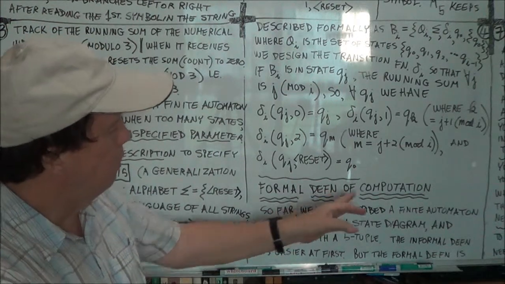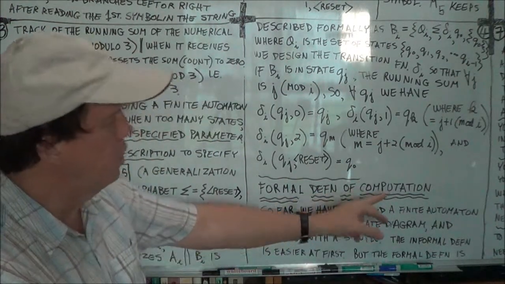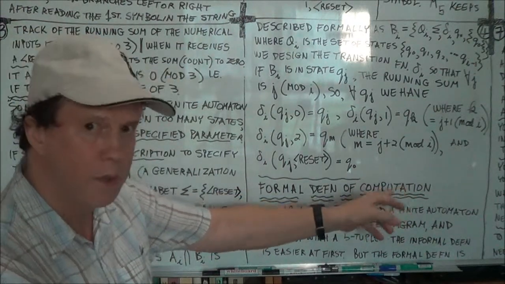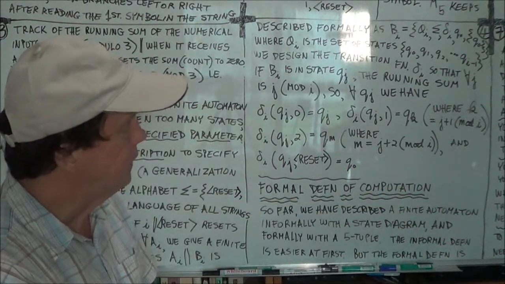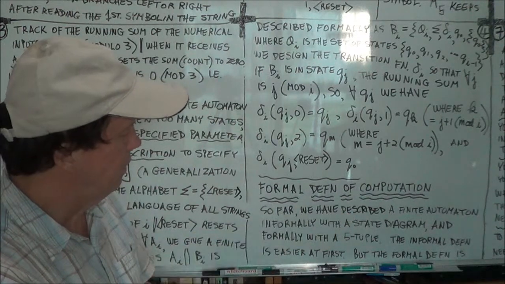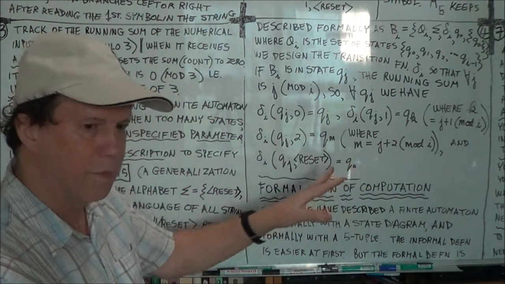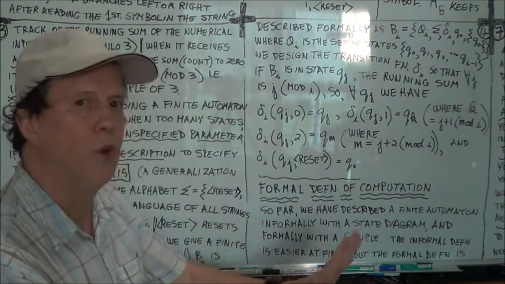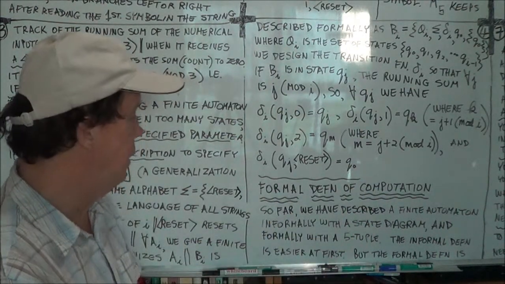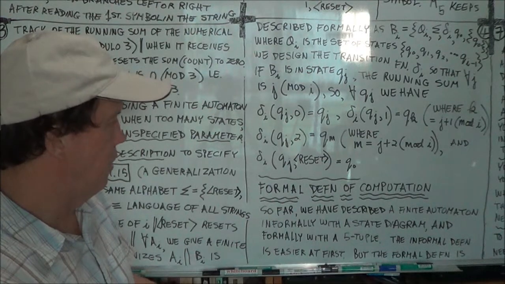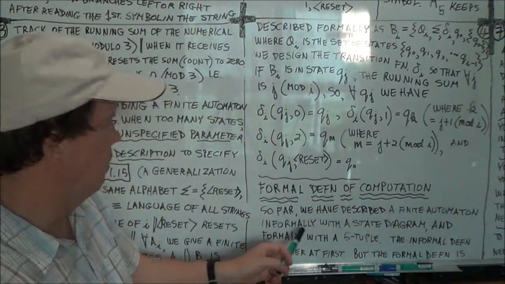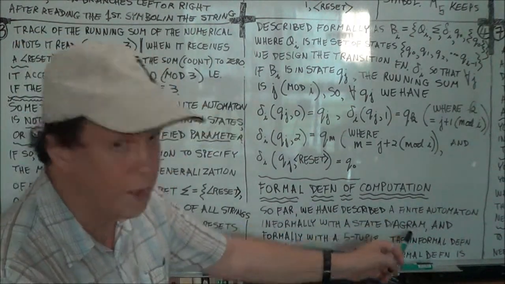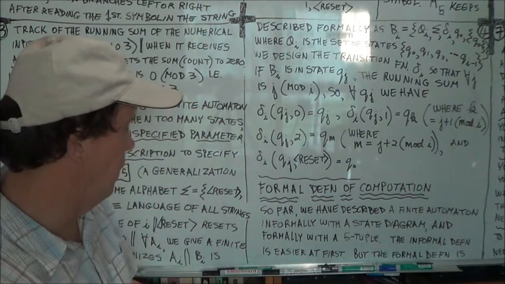Okay, now we can now give a formal definition of what's going on when you compute. Now we've sort of done it quite a few times already informally, but now we're going to make it formal, sort of more mathematical. So we've been describing a finite automata informally using the state diagram, state transition diagram.